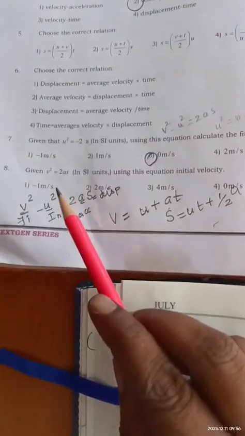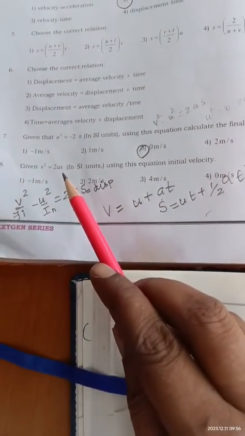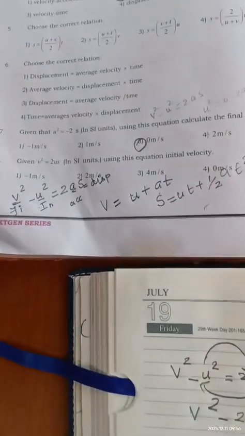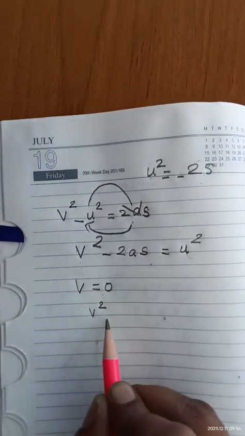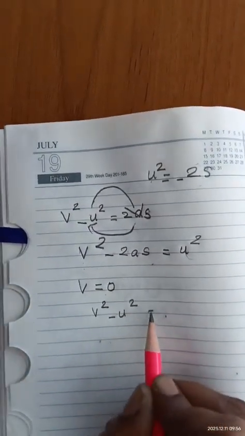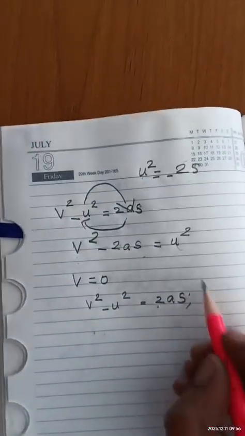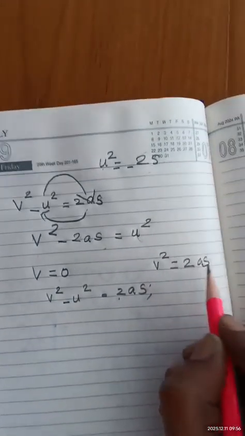Then eighth one, given v square is equal to 2as. Using this equation, find initial velocity. Okay, the same formula. V square minus u square is equal to 2as. What is the sum? V square is equal to 2as.